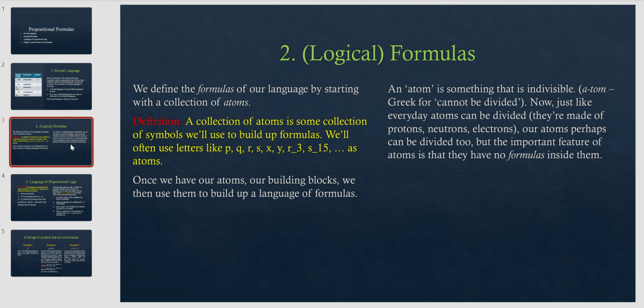Now, just like everyday atoms can be divided, we know that they are made of protons, neutrons, electrons. Our atoms in propositional logic perhaps can be divided too, but the important feature of atoms is that they have no formulas inside them.